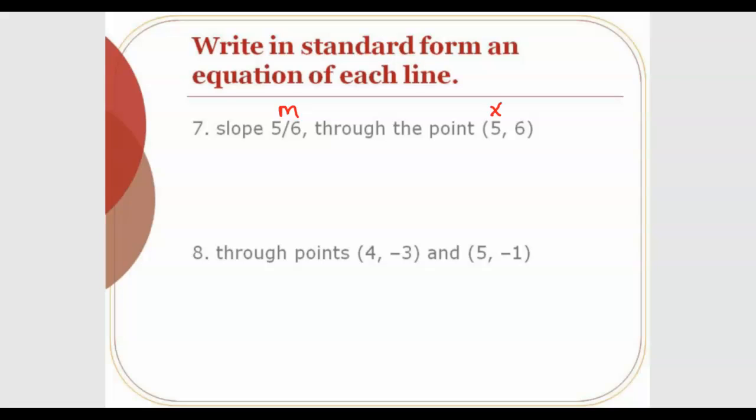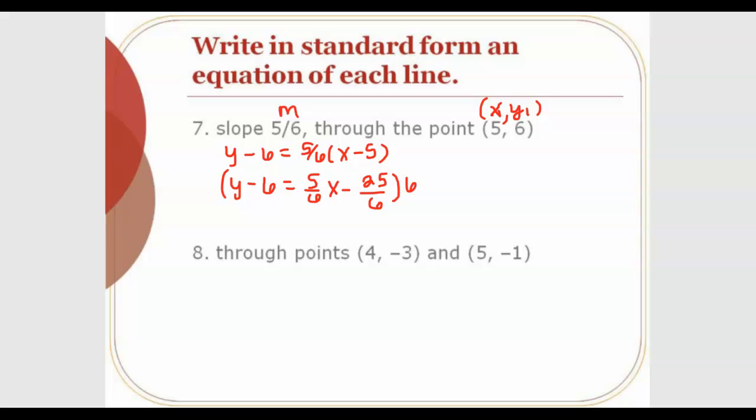Slope and point. This one's a little trickier because you have a fraction. If you want to, you can multiply out the fraction at this point so that you can get rid of your 6 in the denominator.